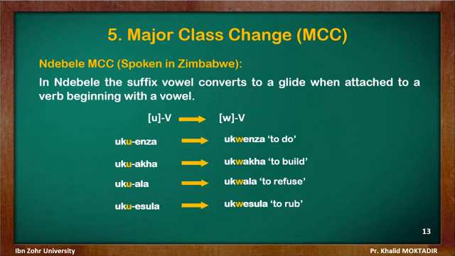So you can see how the Ndebele language avoids hiatus by converting a vowel into a glide.